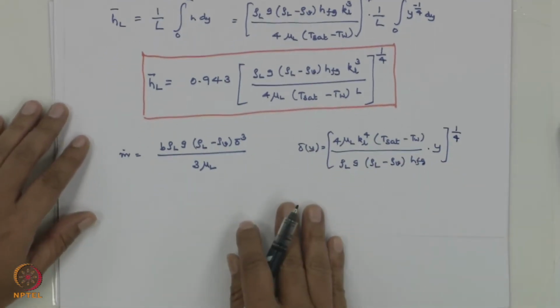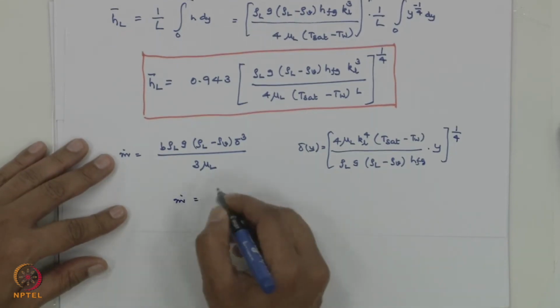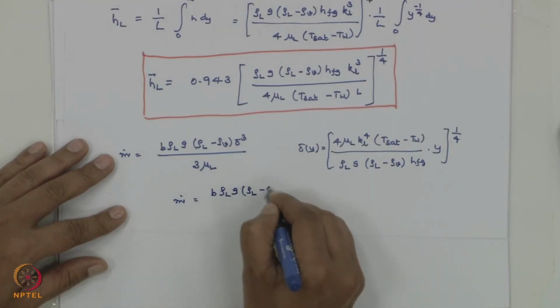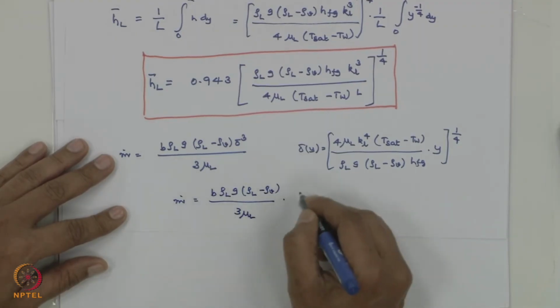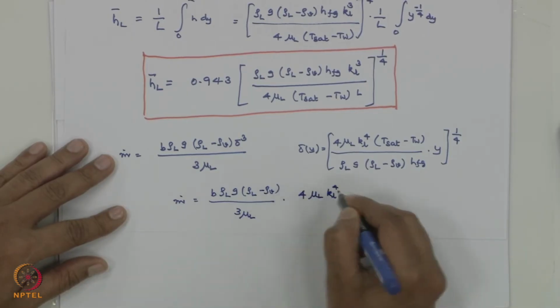If I substitute this, I am going to get m dot equal to b rho L g into rho L minus rho V upon 3 mu L into delta cube, all of this to the power of 3 by 4.